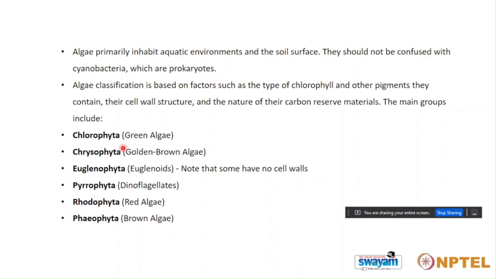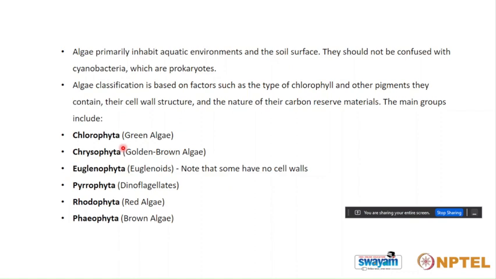Euglenophyta, because they have no defined cell walls. Then pyrophyta, the dinoflagellates, which means dual flagellates. These pyrophyta have dual flagella, which is why they are called pyrophyta.